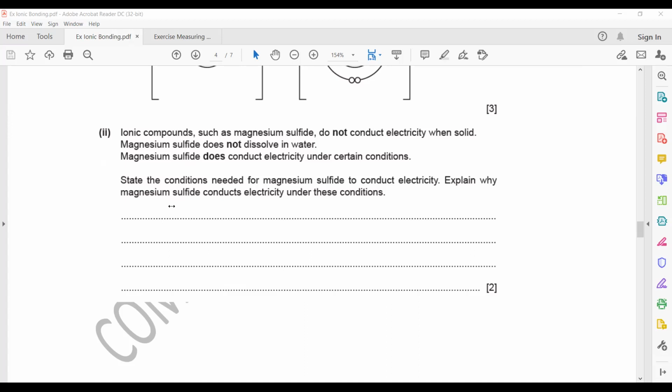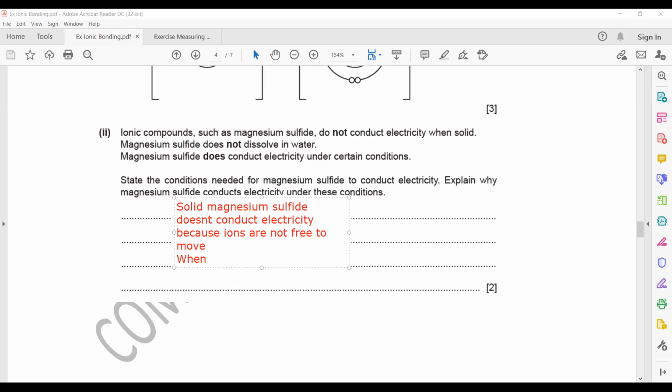So solid magnesium sulfide does not conduct electricity because ions are not free to move.